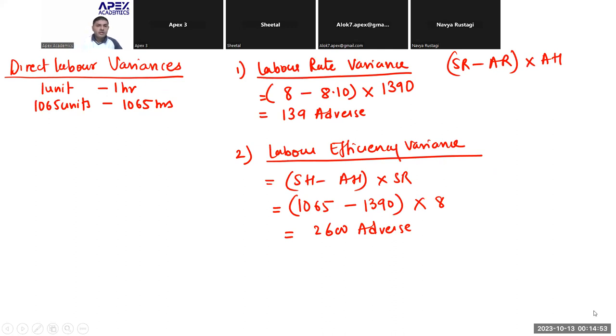Excuse me, sir. Yeah, Aditya. So in labor efficiency variance, we have got 2600 adverse because standard hours is 1065 and actual hours is 1390. So the laborers have worked more than expected, that is actual 1390. So it should be more efficient? No, they are inefficient.